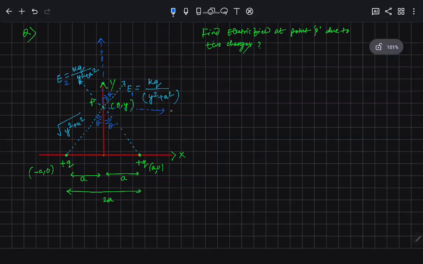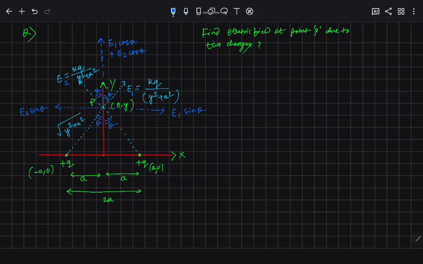So this direction will give you E1 sine theta, and this direction will give you E1 cos theta. And along this direction, if I do the component division of E2, this will be E2 sine theta, and along this direction, again E2 cos theta.